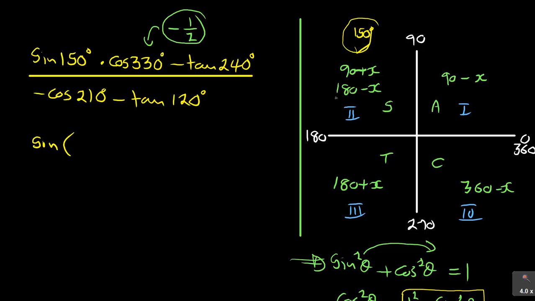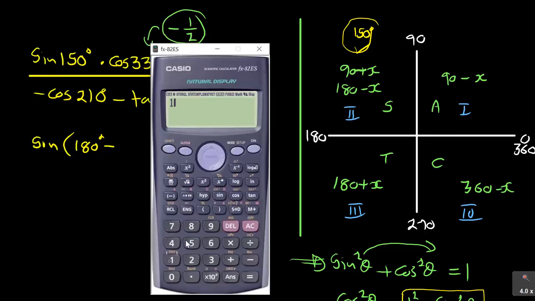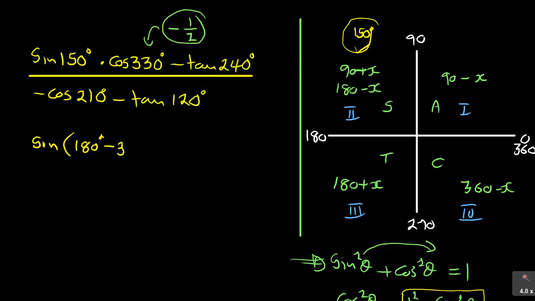I will prefer to use the one for 180 minus x. So what I'll write here is sine of 180 degrees minus. What number must I separate from 180 to get 150? If I separate the two numbers, 180 minus 150, you see that it is 30. If I separate 30 here, it will give me that 150.